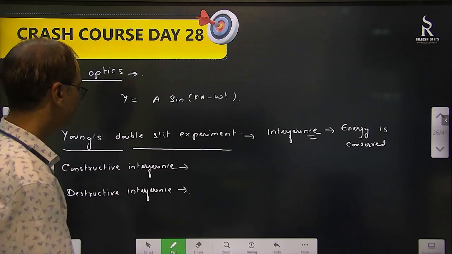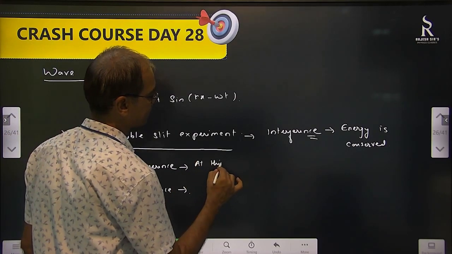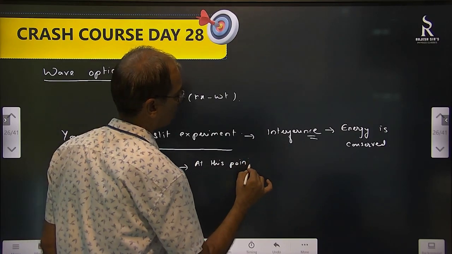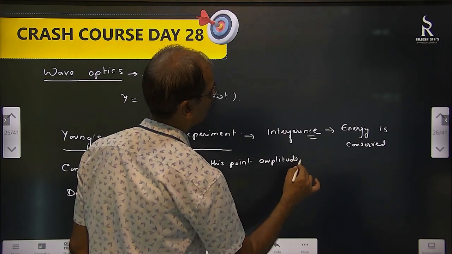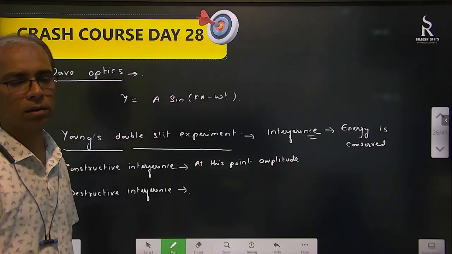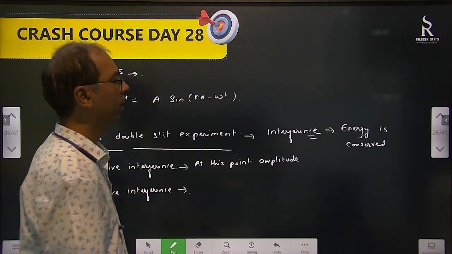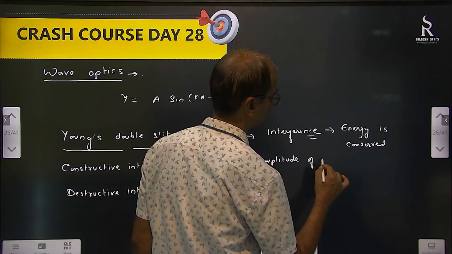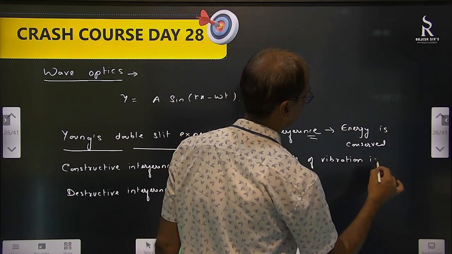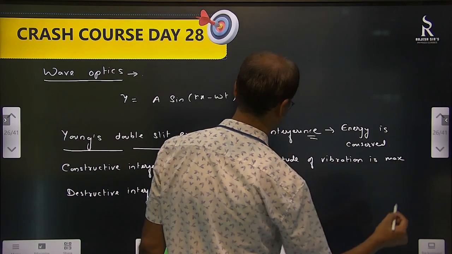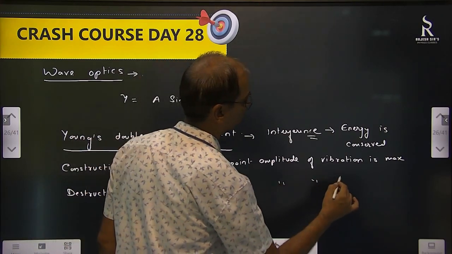Okay. So at this point, amplitude of what? Amplitude of vibration of that particle where both the waves are interfering. So at this point, amplitude of vibration is maximum. And here, at this point, amplitude of vibration is minimum.